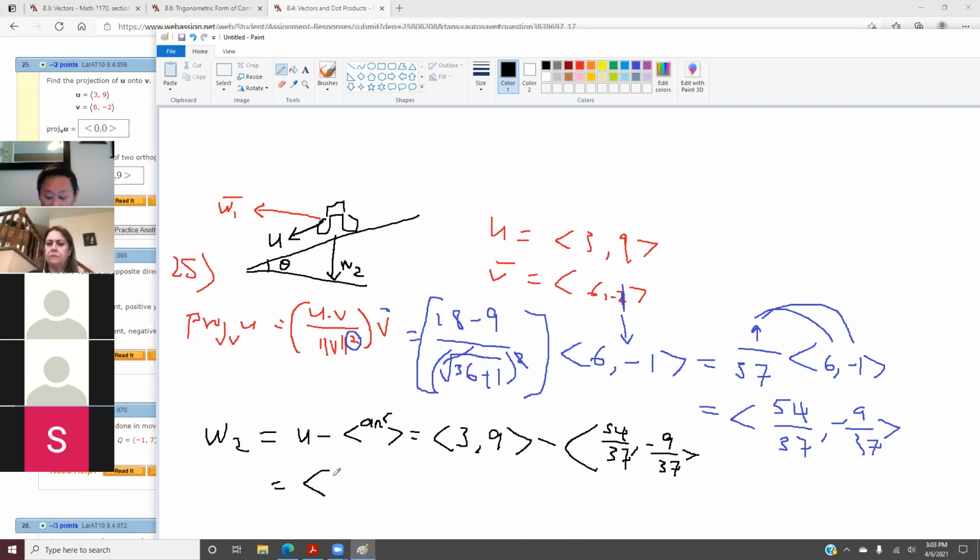So this is 57 over 37 for the first component. Second component is 9 plus, because you got a double negative, so it's 9 plus 9 over 37. This is 342 over 37.